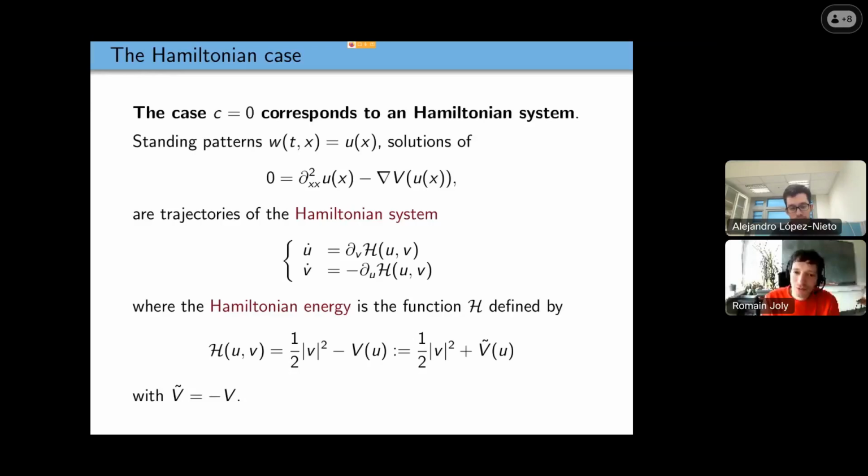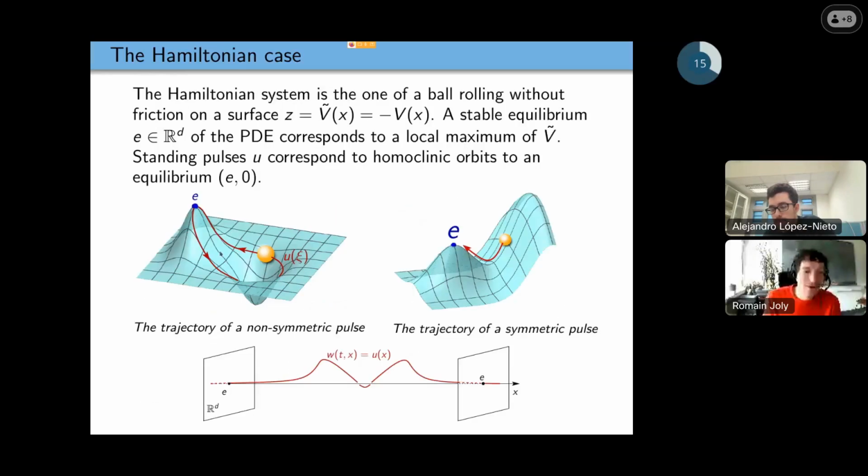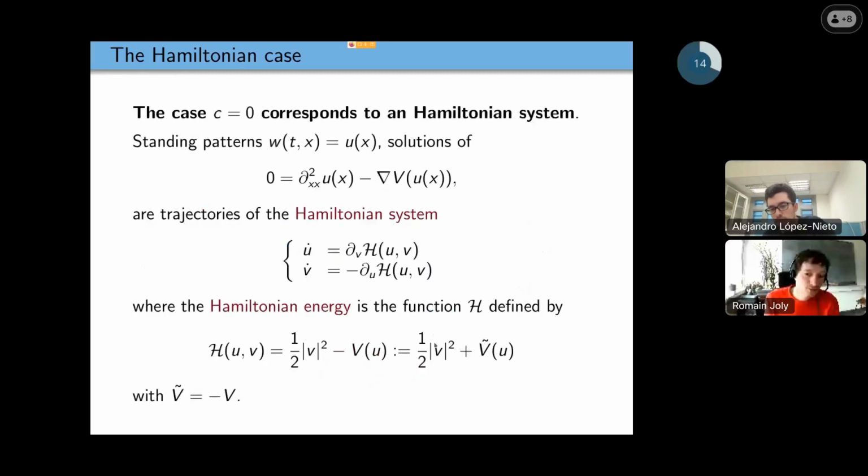So from the ODE point of view, Hamiltonian systems can be seen as mechanical systems, like the ball rolling and so on, so it's completely relevant to consider this gradient structure, because for the physics, it's really a usual structure.